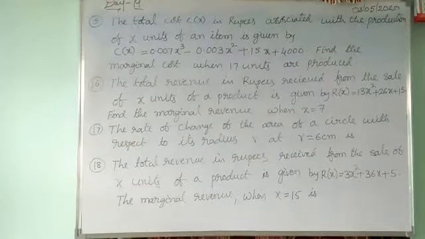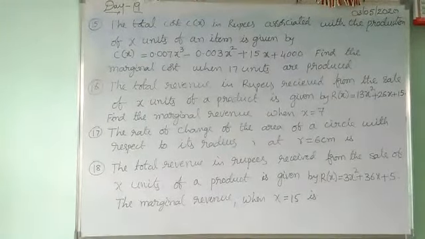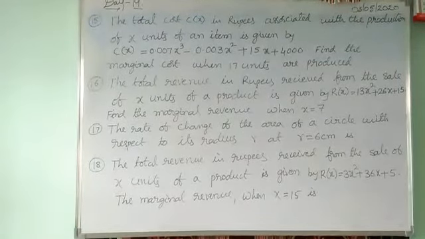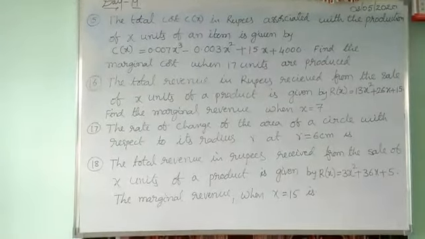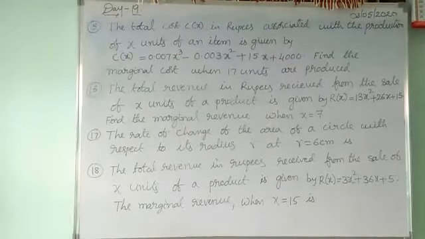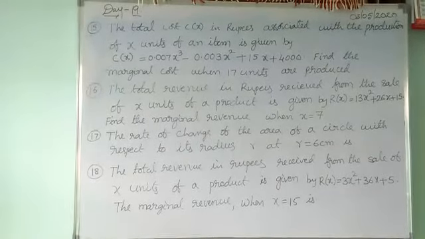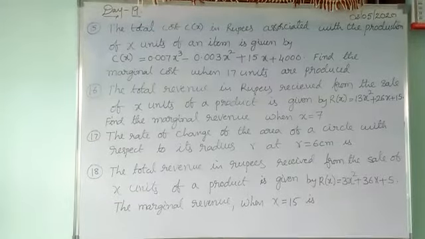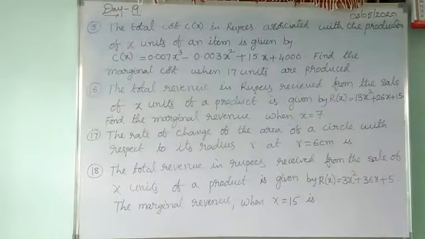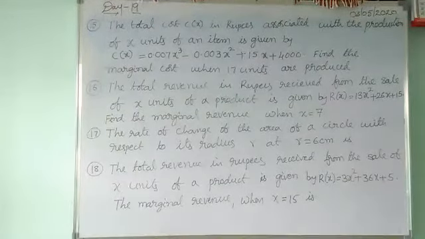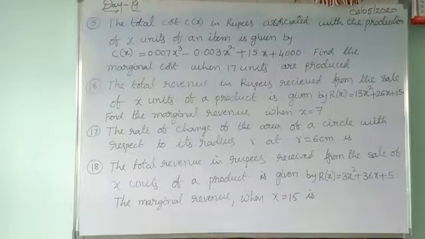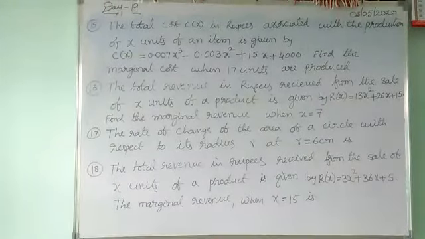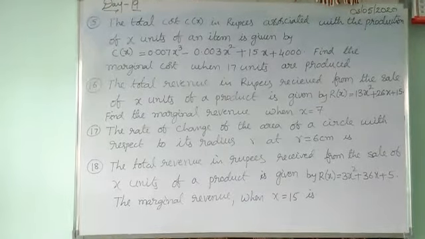Here in this problem, units are denoted by x. The total cost function is given. Now what you do: we already completed one example like this. If you calculate dy by dx of C of x, that is nothing but the marginal cost. After getting the answer, in the place of x substitute 17 and you will get the marginal cost.